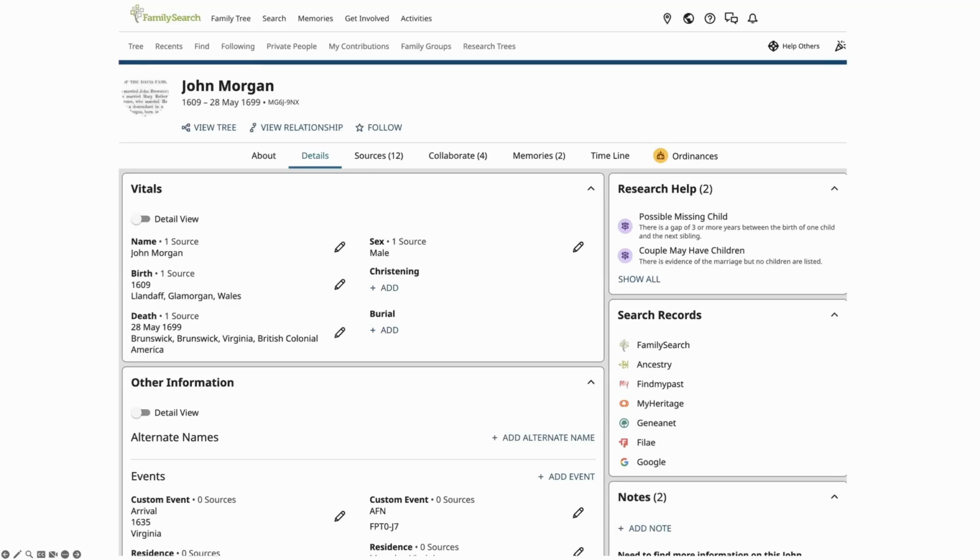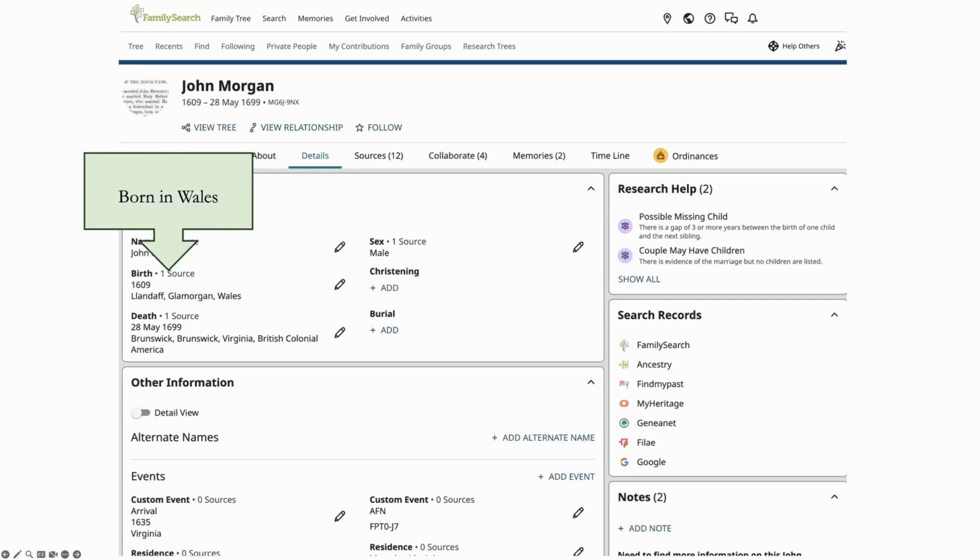So the question is, the 12 sources up there that are supposedly attached to John Morgan, does any of them show where they got a record for a birth in 1609 in Wales? And then the death record here is 1629. So first of all, we have the issue of the person being born in Wales at that time.